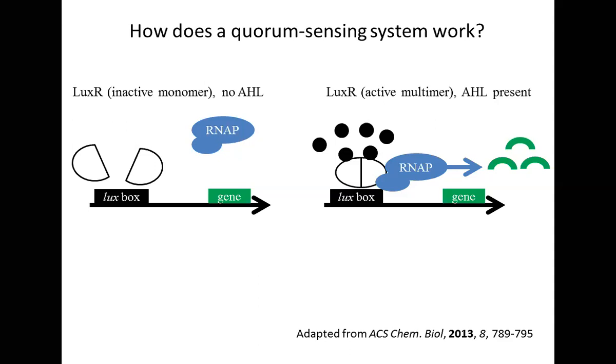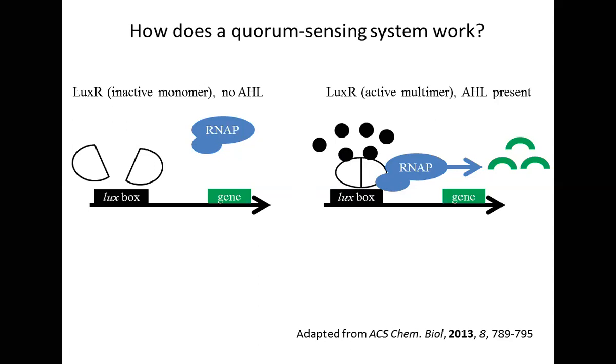However, if you add something known as acylhomoserine lactone, or AHL, you will form a multimer of this Lux-R protein. You get this bunch of halves coming together here, which will then bind to the DNA in a regulatory element known as a Lux box.